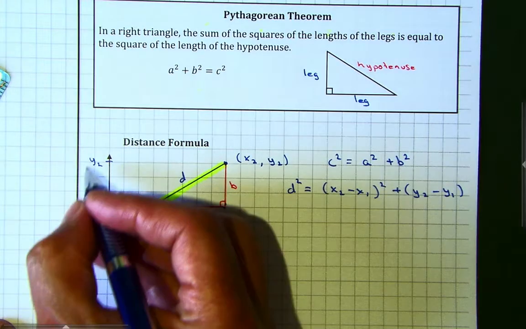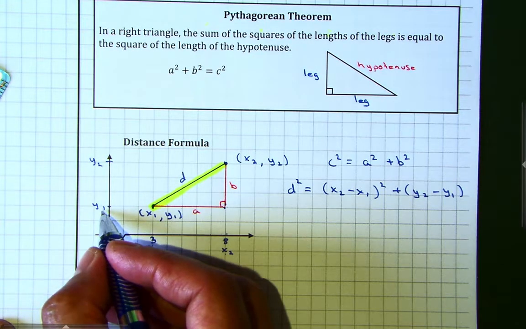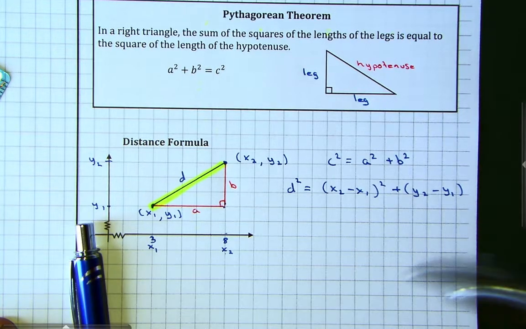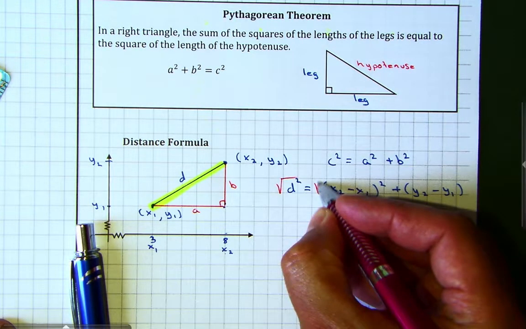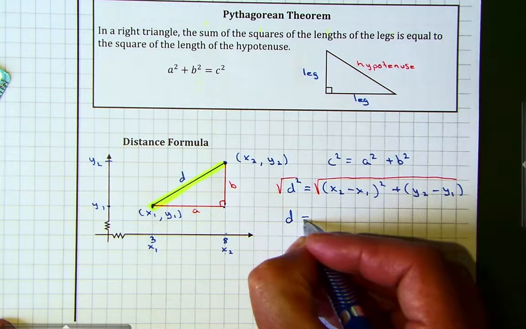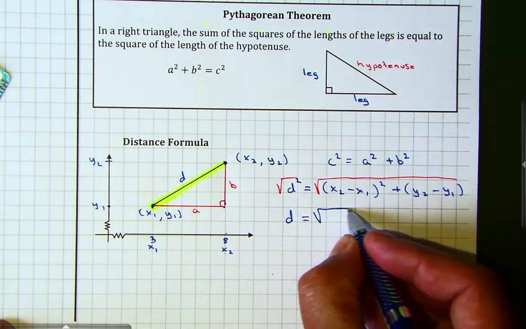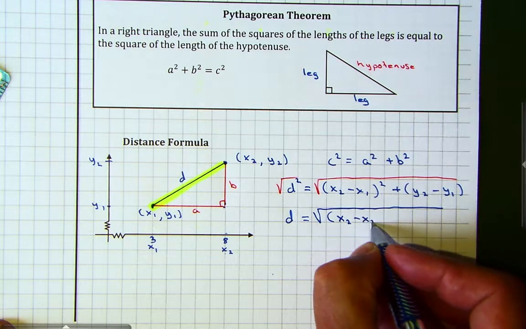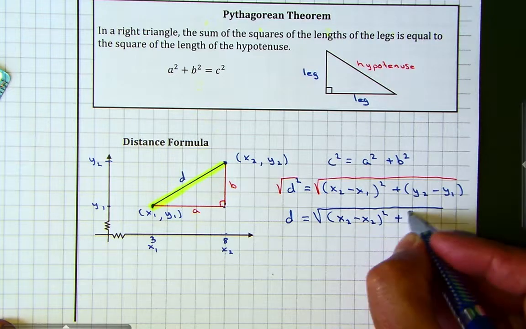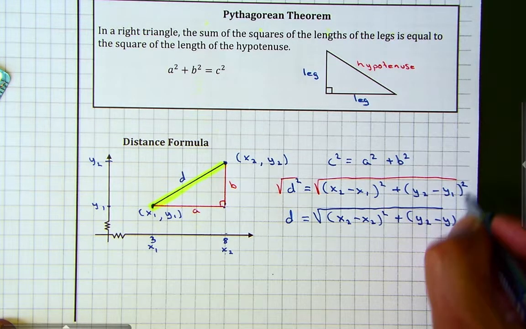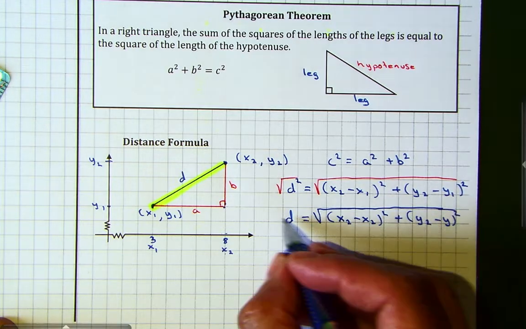And now to be able to solve for d, we're going to take the square root on both sides. So therefore, the distance is equal to the square root of the difference of your x's squared plus the difference of your y's squared. And that is your distance formula.